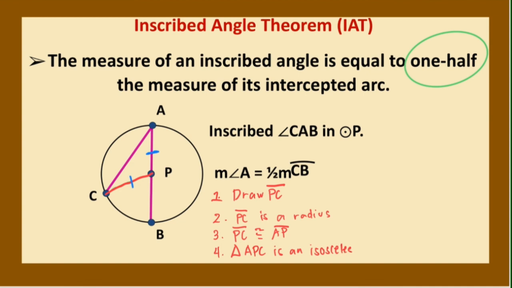What do you mean by isosceles triangle? Basically, two sides are congruent. That's how it works. Now, since APC is an isosceles triangle, that means the angles related to those two congruent sides will also be congruent.